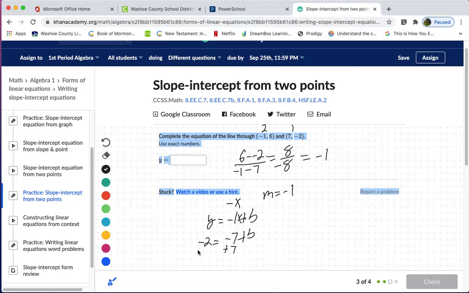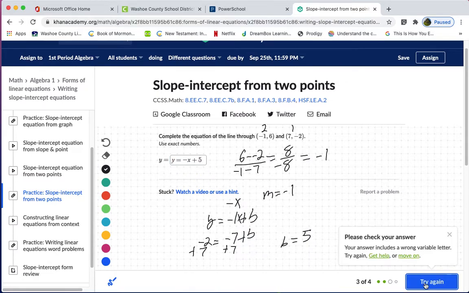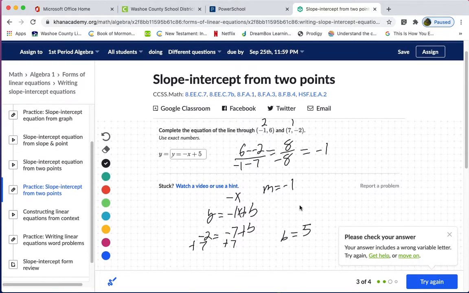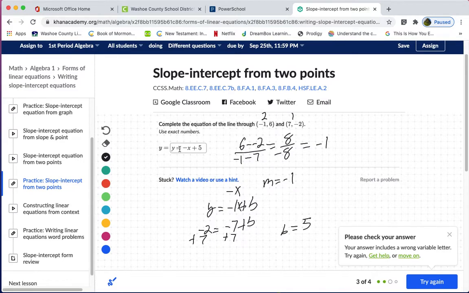Add 7 to both sides. b equals 5. 7 minus 2 is 5. So y equals -x plus 5.